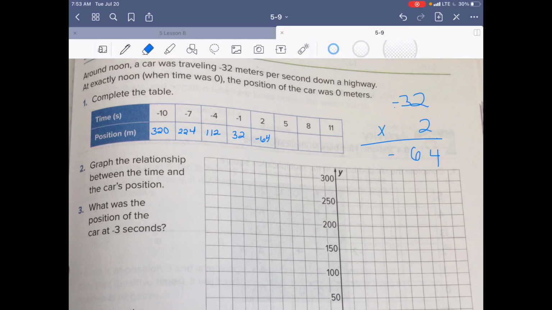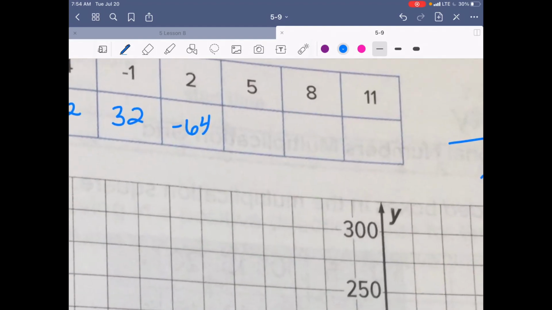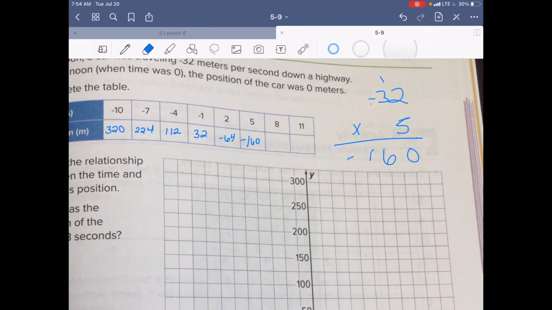Welcome back. Let's check your answers. All right, so now we have 5. 5 times 2 is 10, carry the 1. 5 times 3 is 15, plus 1 is 16. And it's going to be negative because we have a negative and a positive. Negative 160. Now we're going to multiply by 8. 8 times 2 is 16. Carry the 1. 8 times 3 is 24, 25.